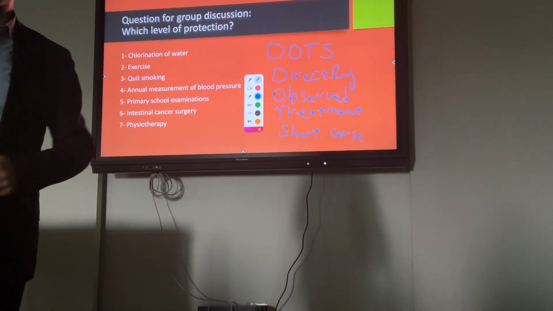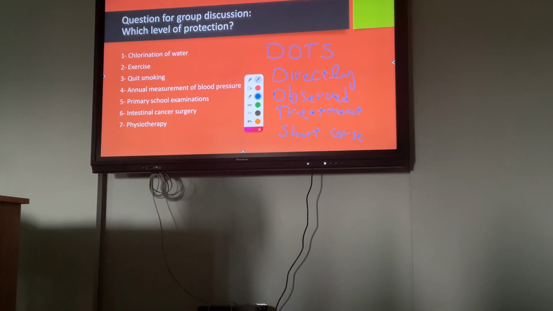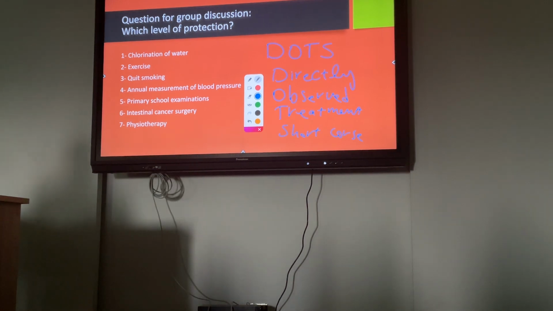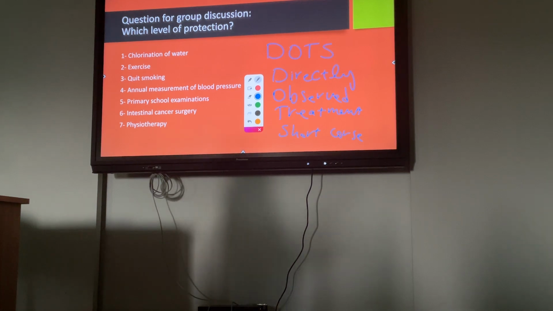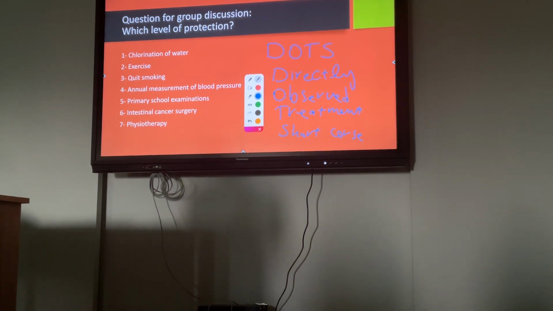Observed treatment means that some medical personnel, some healthcare providers, will go to the home of the patient and ask them, please come here, take these medications, and with a glass of water, please take this, and after observing that the medication is taken, the person will go. It means that I want to be sure that you take the medication.